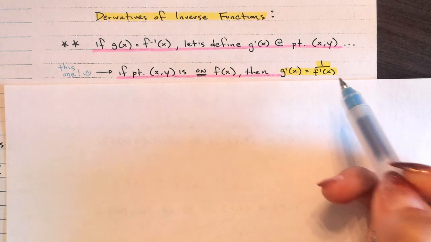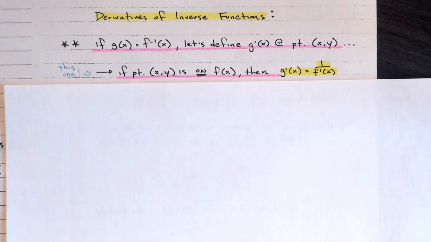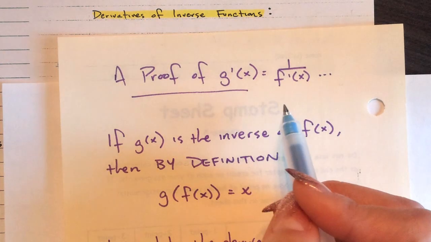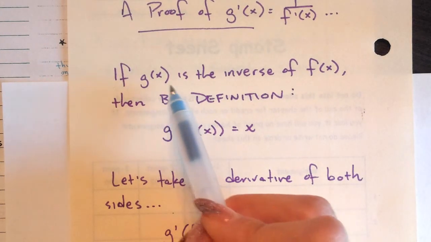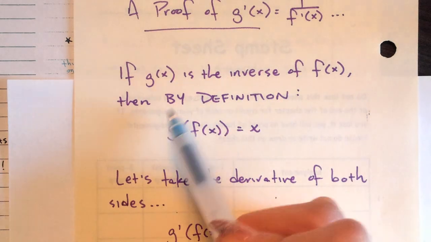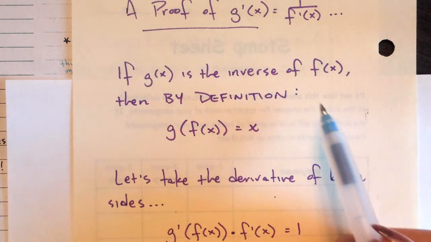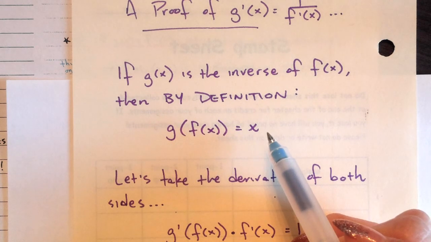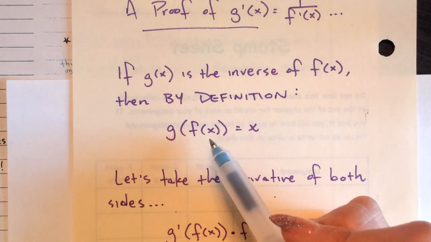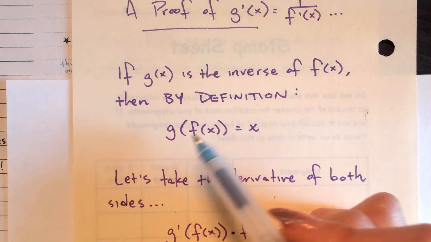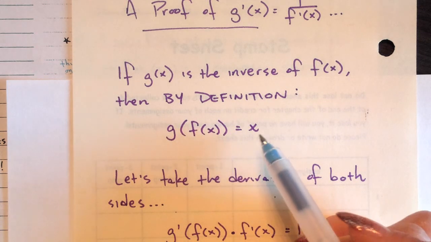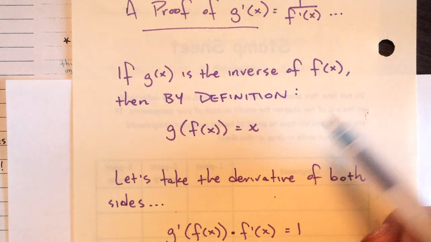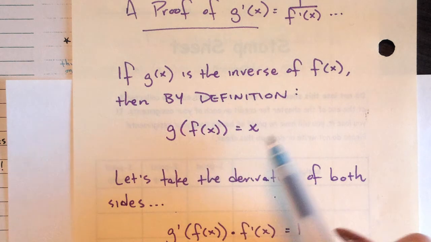So I want to show you why that works, even though some of you might not care. I want to show you why this is true. So g of x is the inverse of that by definition. So by definition, if you have g of f of x, you should get x, right? So like an inverse, when you put one into the other, when you take f of f inverse, you always get x, because the inverses, remember, they're symmetric over that diagonal line, okay? So this was always true.